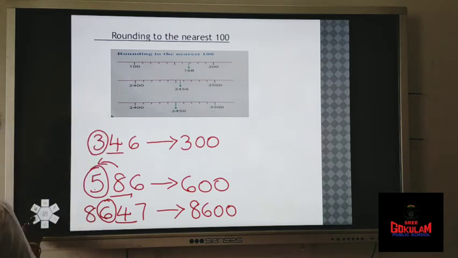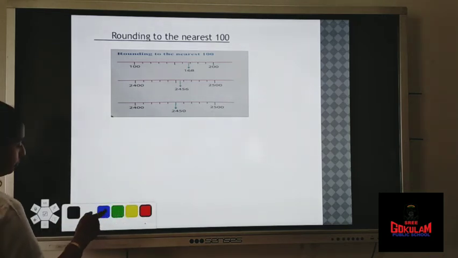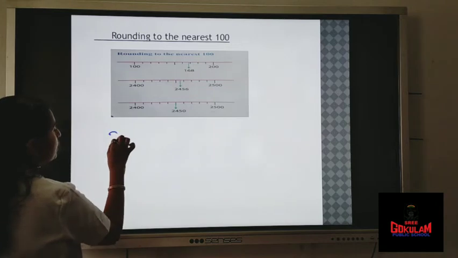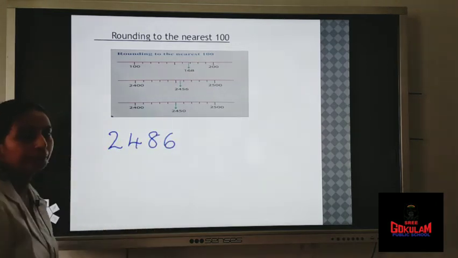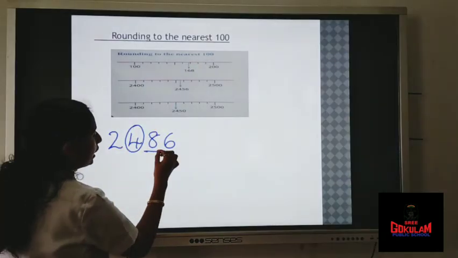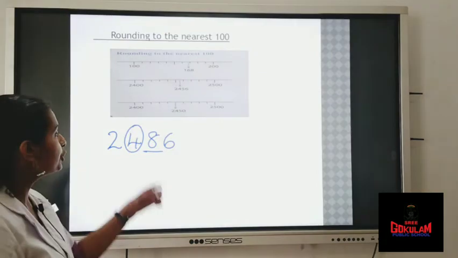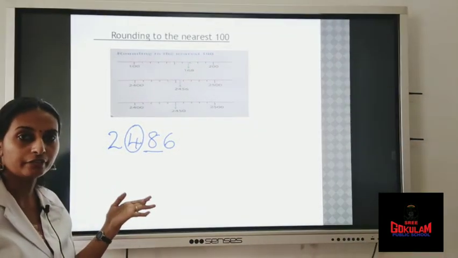One more example I will tell you. If the number is 2486, circle the 100 place and underline the tens place. Just check whether the underlined place is above 5 or below 5.